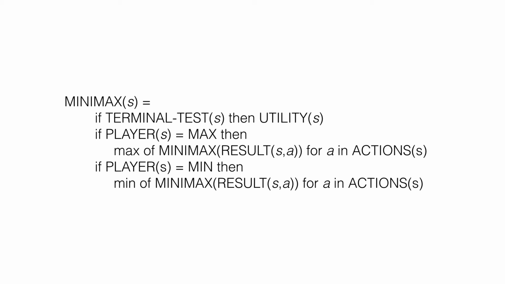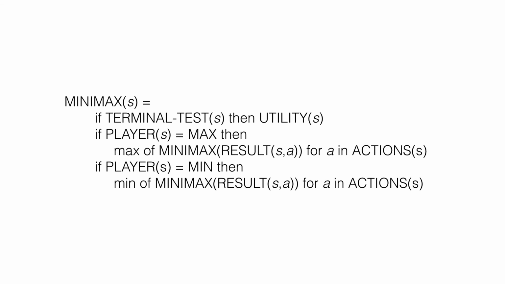This is just a function that returns a value, a score. And it has this form of recursion where the decision of whether you choose the min or the max is determined in the function. It's determined based on which player's turn it is at state S.